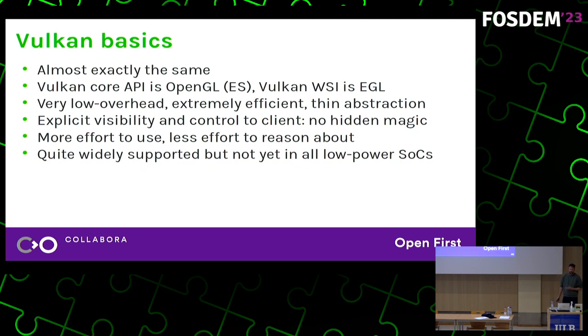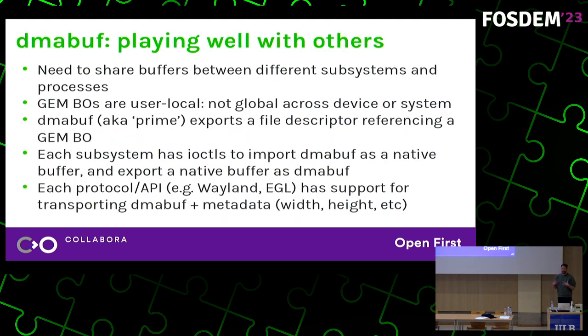Then, yeah, I think about the last bit that we'd end up having time for is, I keep on going on about how EGL will get things from GL to Wayland. The way we do that is DMA-BUF.